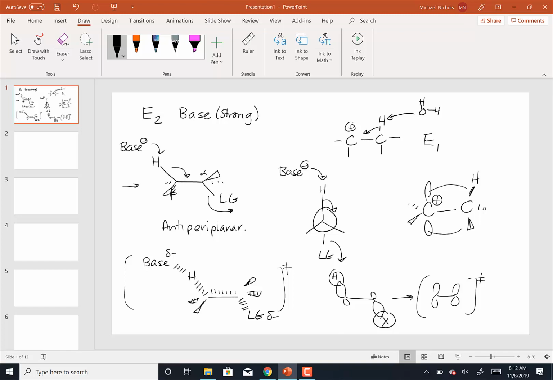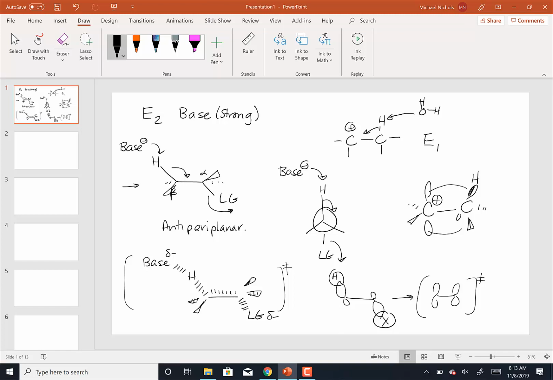Over here, since the sp3 hybrid orbital just has to line up, you still have to have a periplanar, but it doesn't matter whether the hydrogen is overlapping the top empty orbital or the bottom. So you could have two possible orientations here. The hydrogen could be up or the hydrogen could be down. So that's why the reaction has to be anti-periplanar.